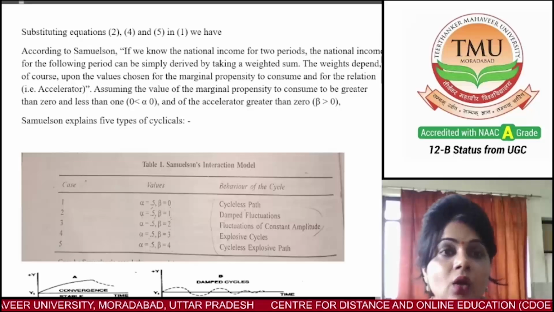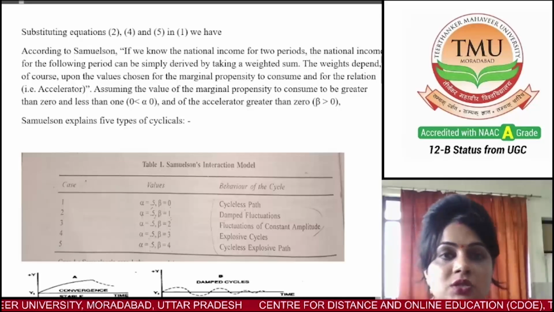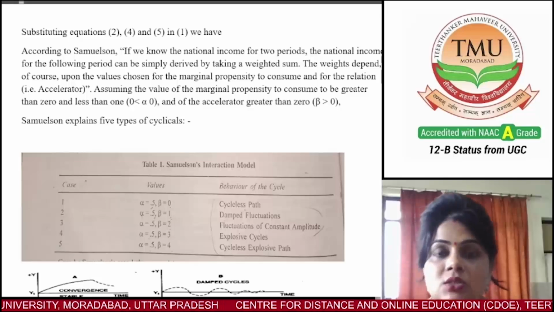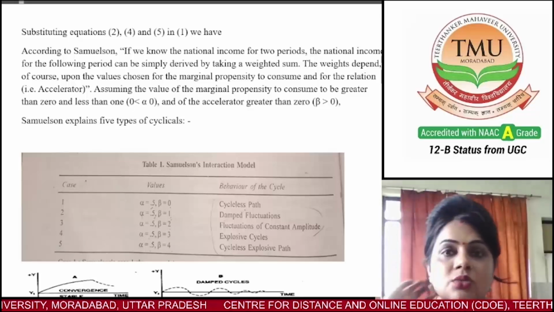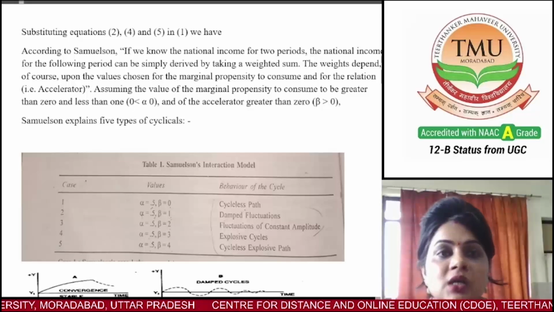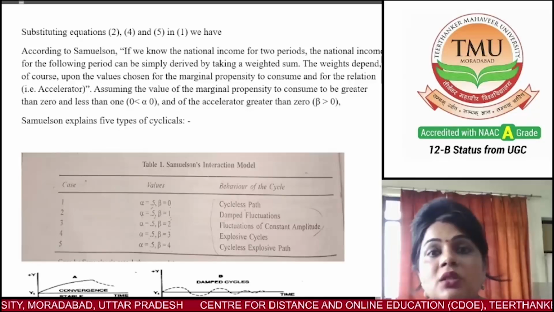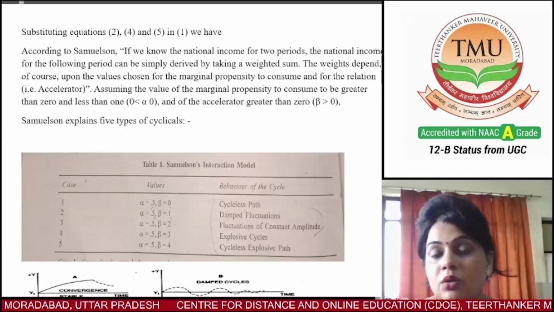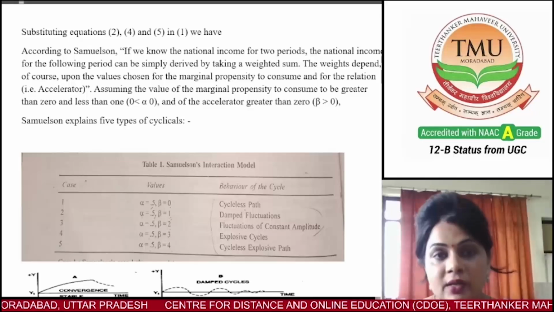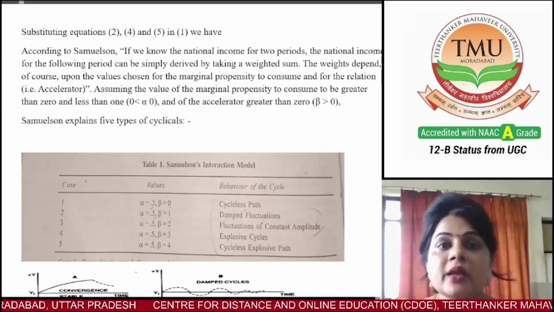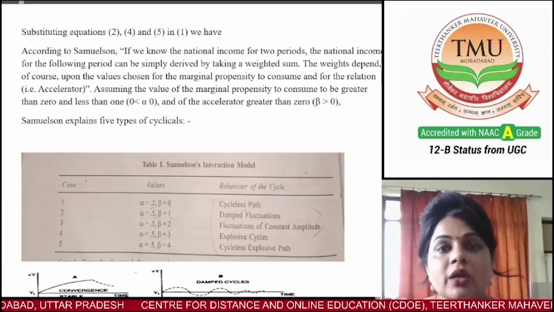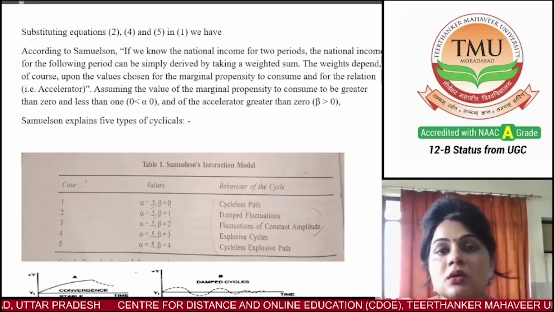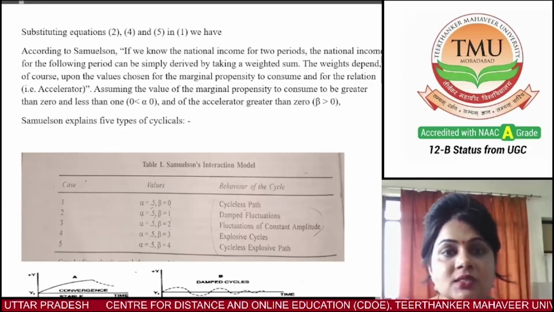The weights depend, of course, upon the value chosen for the marginal propensity to consume, alpha, and for the accelerator, assuming the value of marginal propensity to consume to be greater than 0 and less than 1. That is, 1 is greater than the marginal propensity to consume, and the accelerator beta is greater than 0.